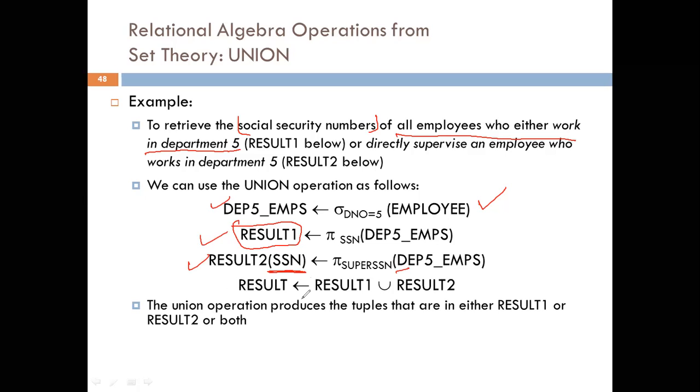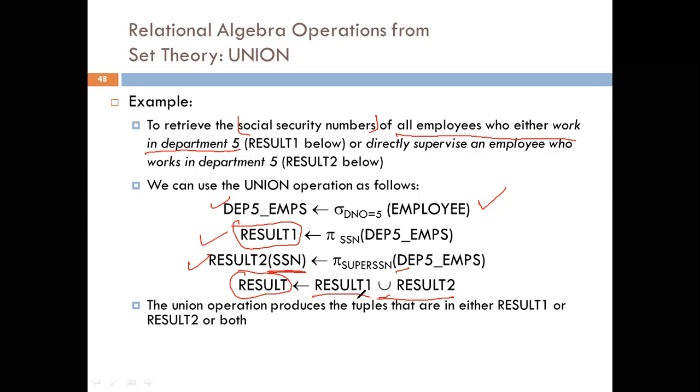So now we can union these two tables using result 1 union result 2. The union can be performed here and the final result will be present in this particular table. This is how a union operation can be performed.